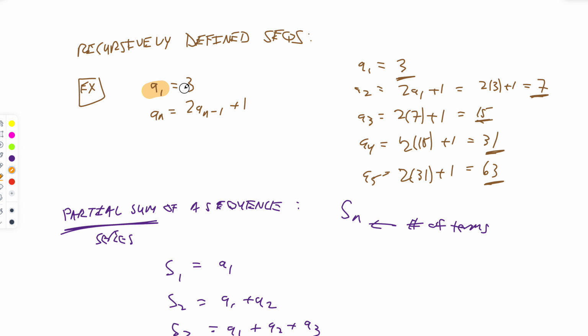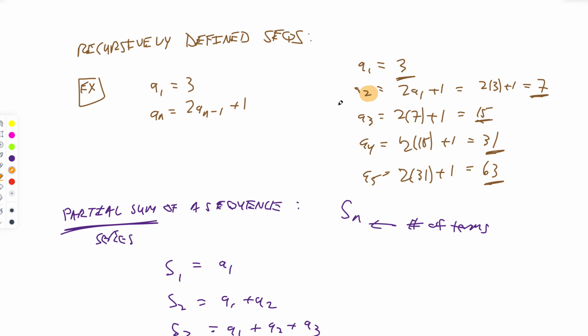So basically, if I wanted to get a sub 2, the second term, I would have to do 2 times a sub 2 minus 1, a sub 1. To get the second term, you need to know the first term. And then to get the third one, you would need to know the second one, and so on. So what I did over here was I found a couple. First term 3 given, easy.